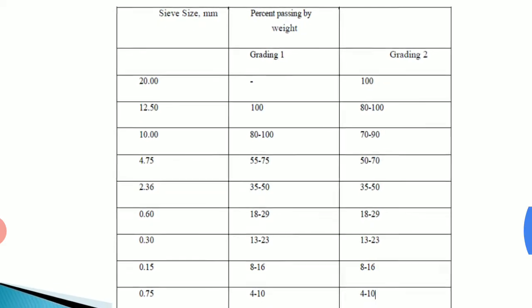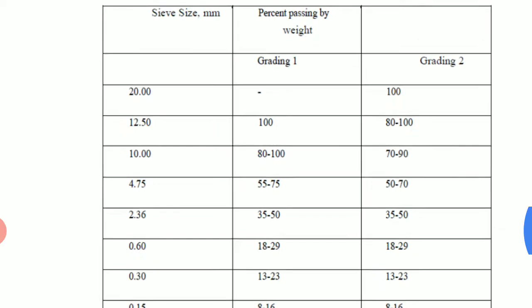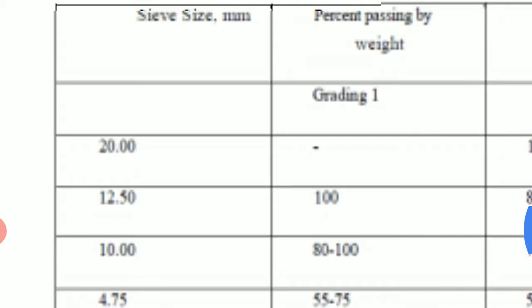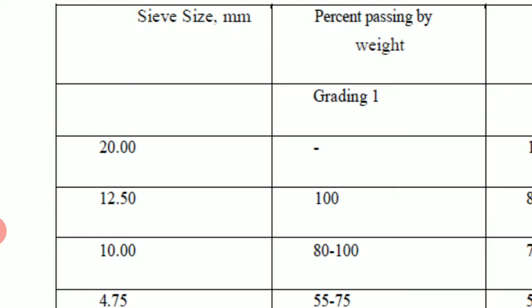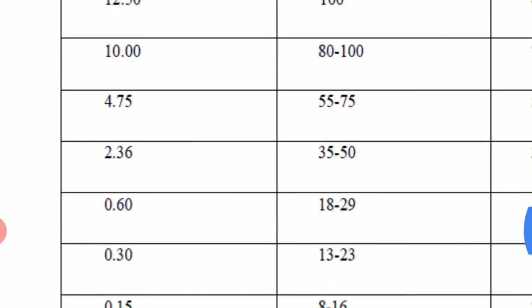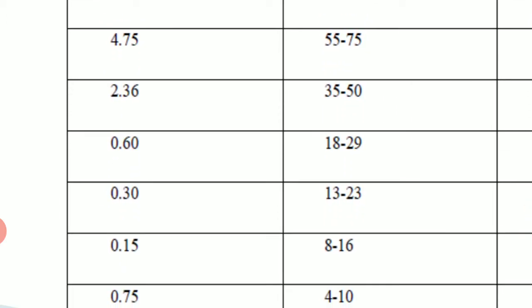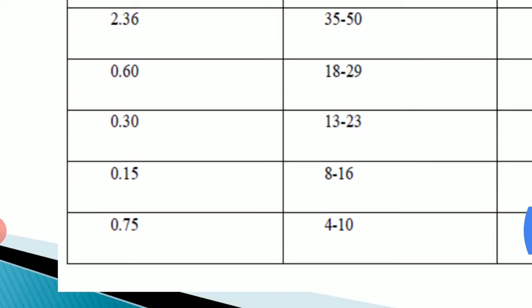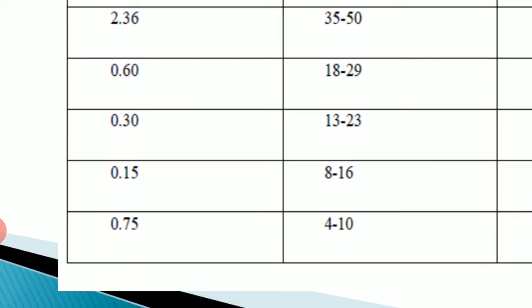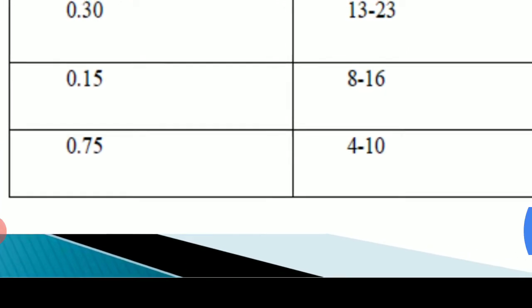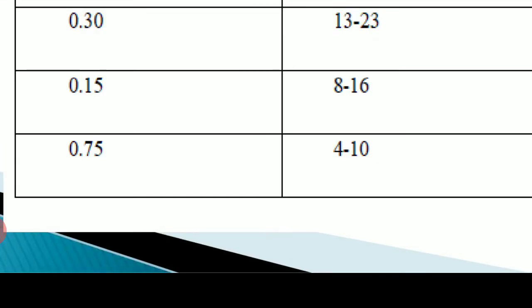Grade 1 has the following specifications, in percentage passing by weight: for the 12.5 mm sieve it is 100%, for 10 mm it is 80 to 100, for 4.75 it is 55 to 75, for 2.36 it is 35 to 50%, for 600 micron it is 18 to 29%, for 300 micron it is 13 to 23, for 150 micron it is 8 to 16%, and for the last sieve, 75 micron, it is 4 to 10.